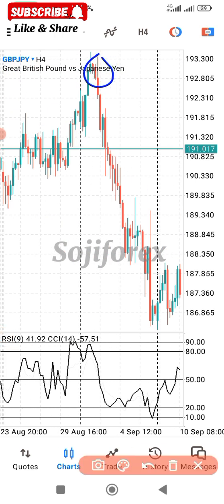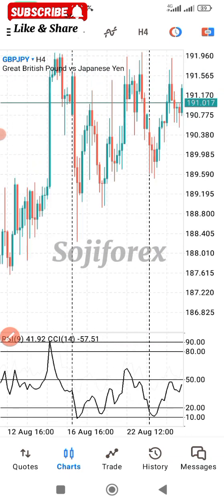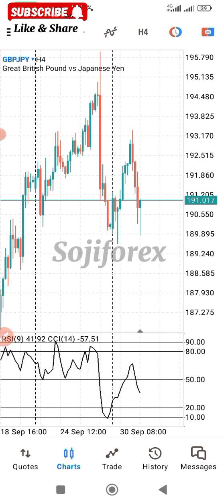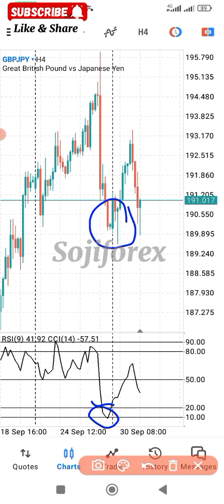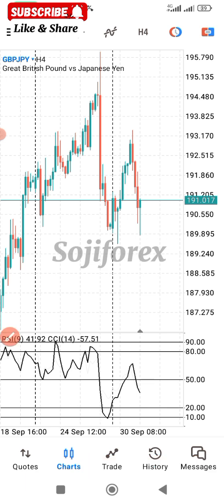We have this here, and then we have this, and you can see how it plays out. So you backtest this and see how perfectly this strategy works. Look at this, and you can see the pin bar we have, and price pushed to the upside. This is an H4 time frame to show you how effective this works.